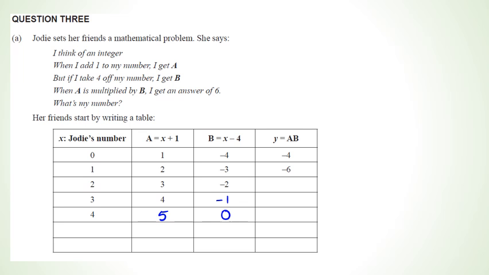Now I've got A times B, which is basically these two numbers multiplied, and 3 times negative 2 is negative 6, 4 times negative 1 is negative 4, and 5 times 0 is 0. Now there are no marks for this, because I haven't really answered any questions. I've just filled up this table myself.